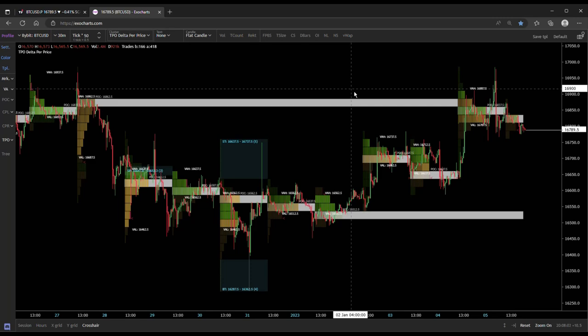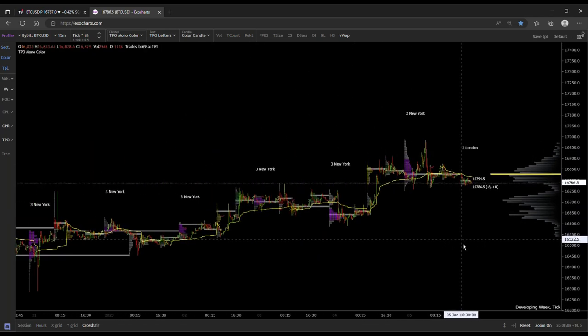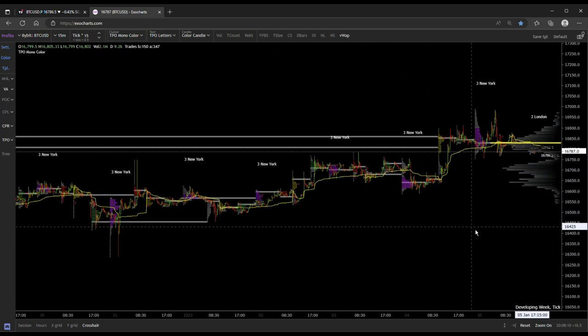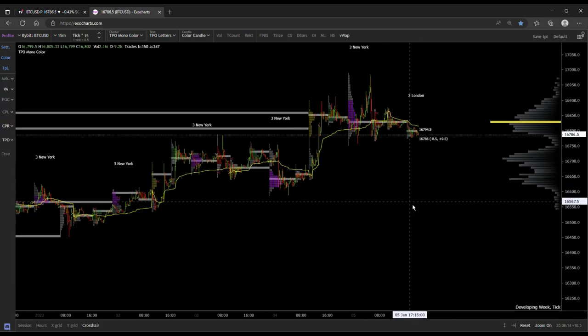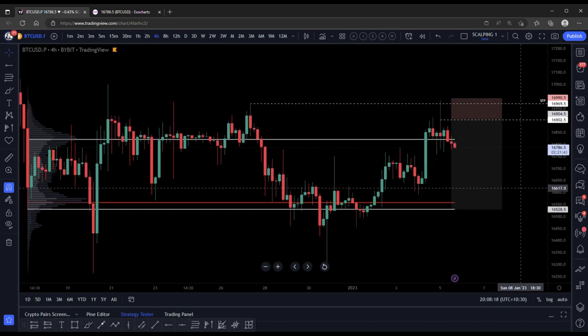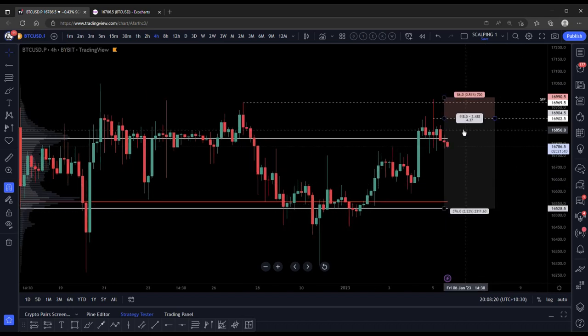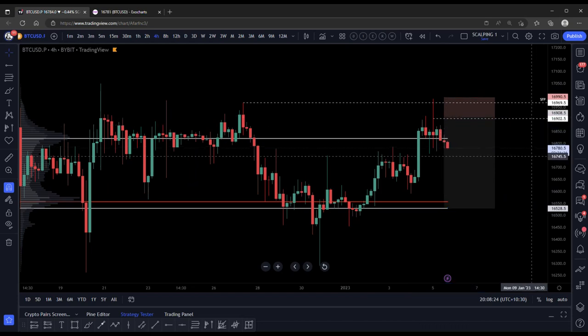I think it's on this one too. Sometimes these are different. Yeah, so you can see we have the 2 naked point of controls here. At the moment, this is pretty much a risk-free trade for me. And yeah, that's how I snipe the entries using EXO.